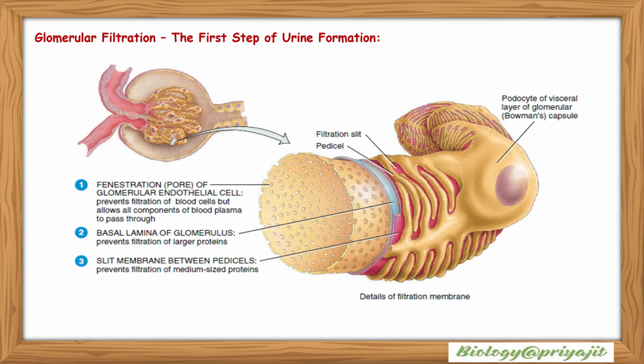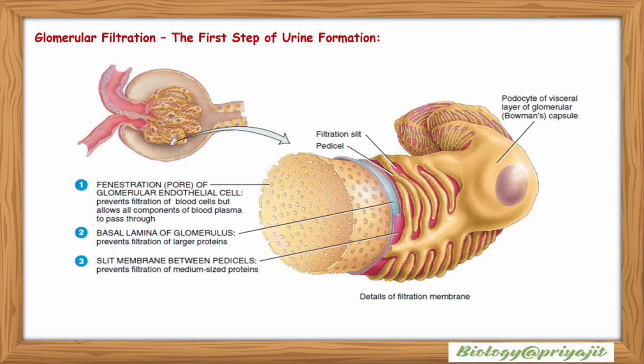Glomerular filtration, the first step of urine formation, where blood is filtered from the glomerular capillaries into the Bowman's capsule through a three-layered membrane: endothelium of capillaries with tiny pores or fenestrae, basement membrane acting as a barrier, and podocytes of Bowman's capsule forming filtration slits.